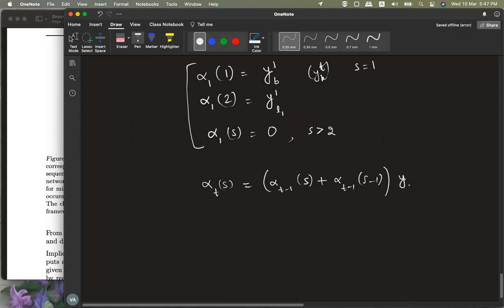What is my k? s is just a state number, so k is the label corresponding to that state. So it is L dash s, right? It is the probability of a sound at the particular time instant t. So this is my alpha t s.